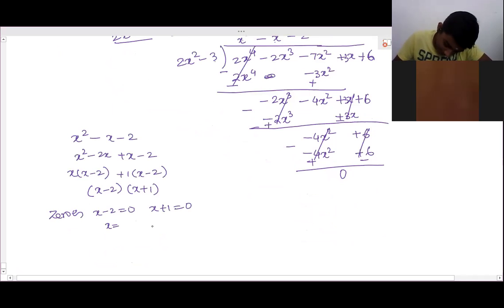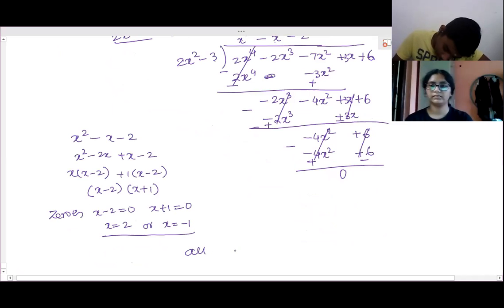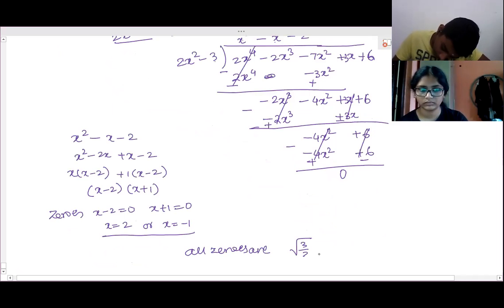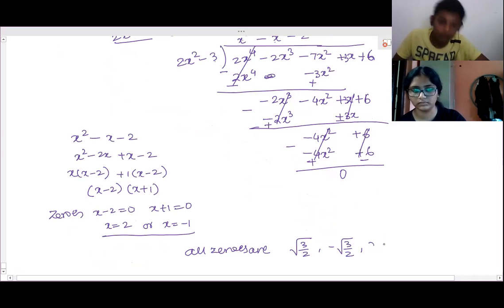So x is equal to 2 or x is equal to minus 1. So all zeros are root 3 by 2, minus root 3 by 2, 2 and minus 1.